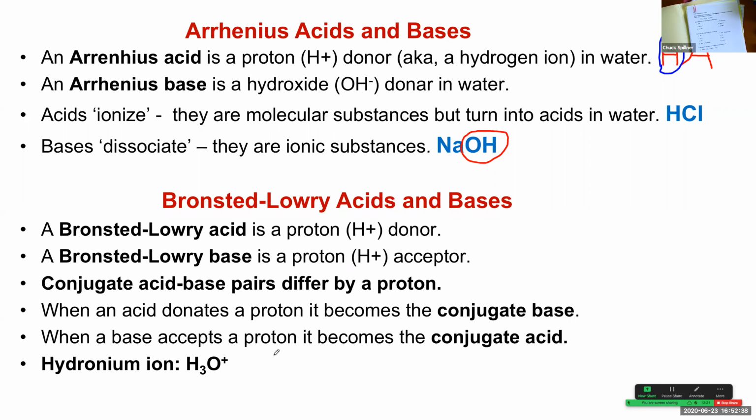Lastly, if we're in water, when the substance loses a hydrogen ion, it becomes a hydronium ion, H3O+. The hydrogen atom has just one electron and one proton.